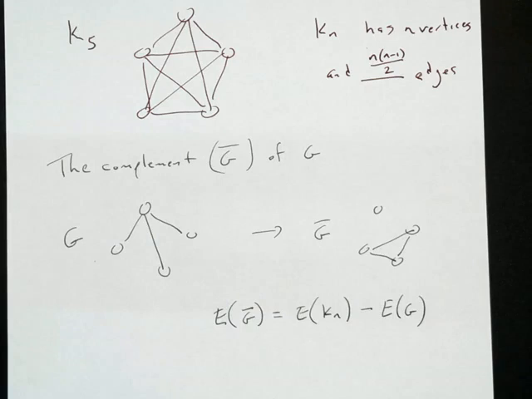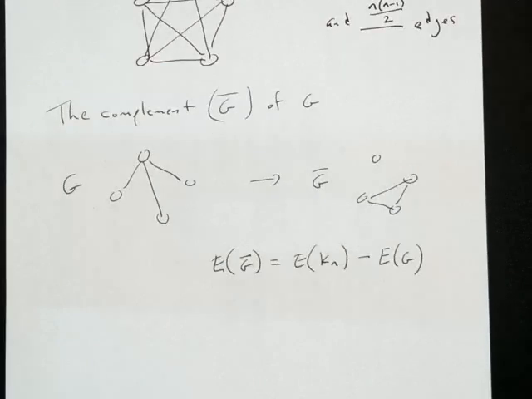The edges in the complement take all possible edges and throw out the ones that were in the original graph. I did this on a graph of size 3 and order 4, 3 edges, 4 vertices.